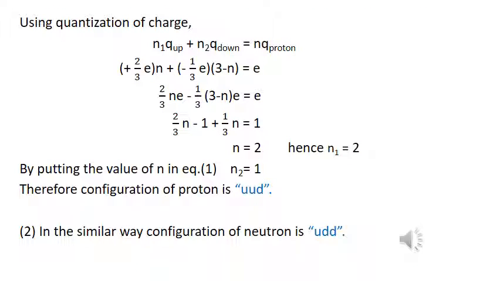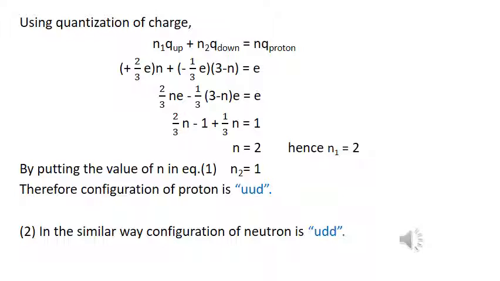Using quantization of charge, we can write n1 into charge on up quark plus n2 into charge on down quark is equal to charge on proton. By putting all the values and solving, we get n is equal to 2 or n1 is equal to 2. So the number of up quarks in a proton is equal to 2.